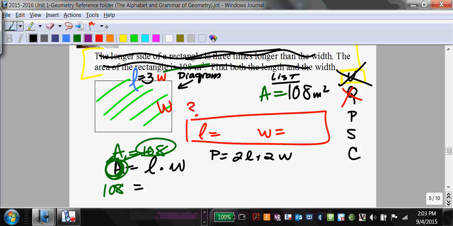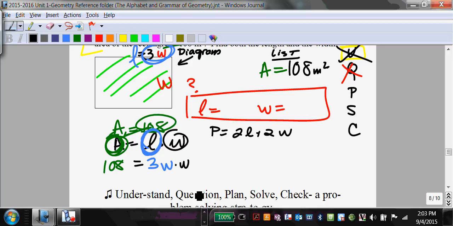Equals. Circle length. Is there anything you can do with that? Out loud? Circle it, my friend. Put it right in there. Ready? Circle that W, bring it down. Wow, we are down to one variable. Isn't that nice? W times 3W squared equals 108.